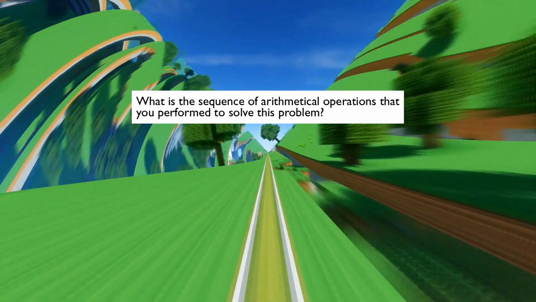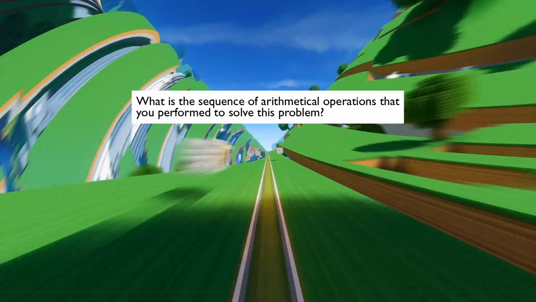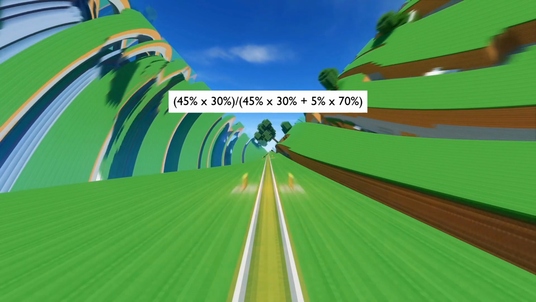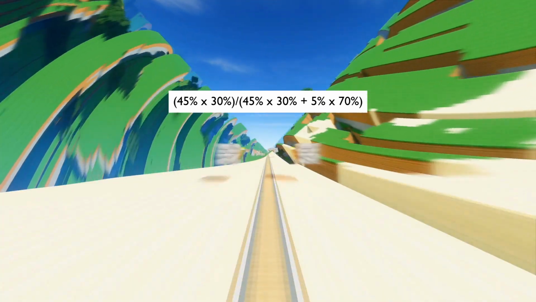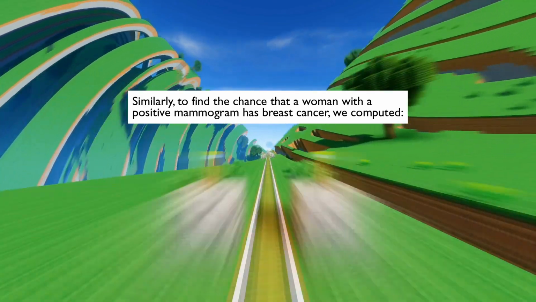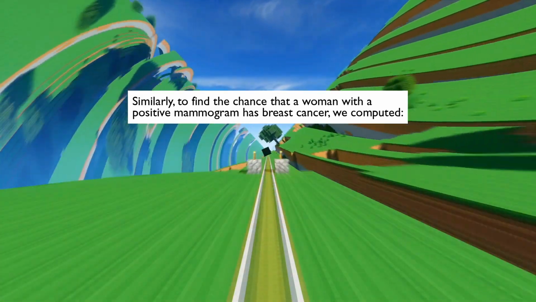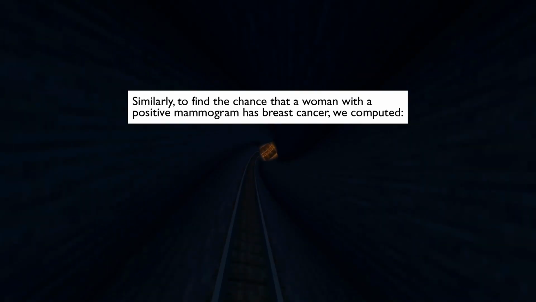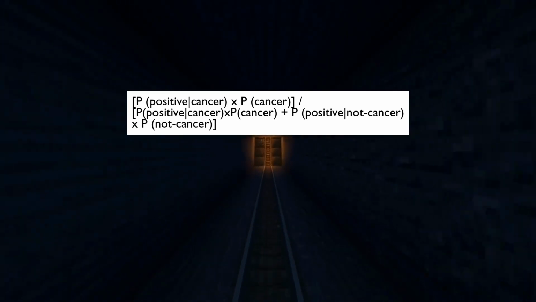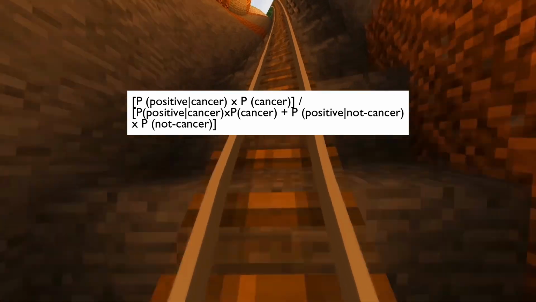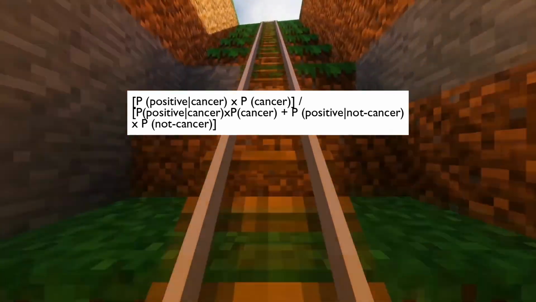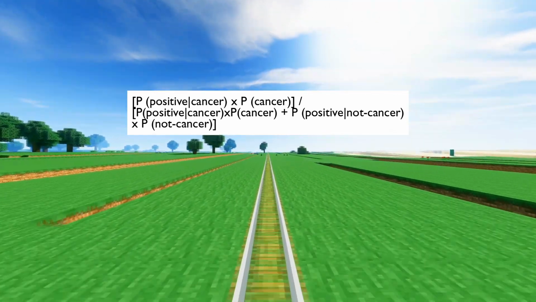What is the sequence of arithmetical operations that you perform to solve this problem? 45% times 30%, over, 45% times 30% plus 5% times 70%. Similarly, to find the chance that a woman with a positive mammogram has breast cancer, we computed P(positive|cancer) × P(cancer), over, P(positive|cancer) × P(cancer) plus P(positive|not cancer) × P(not cancer). Which is P(positive, cancer) over P(positive, cancer) plus P(positive, not cancer).